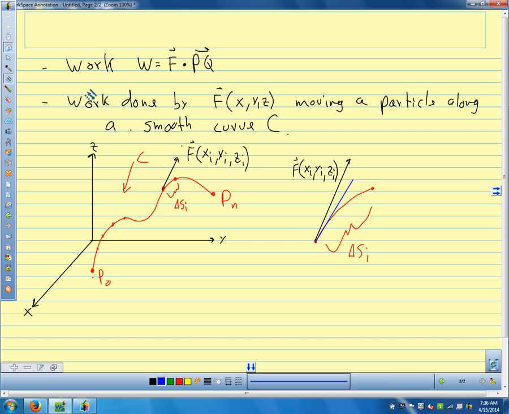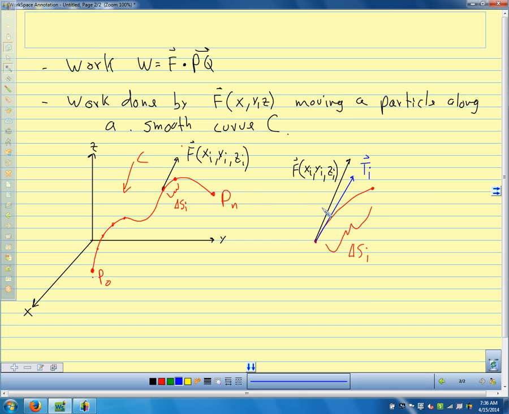And we're going to say this is our unit tangent vector on that particular subinterval. So the force only does work in the direction of the unit tangent vector.